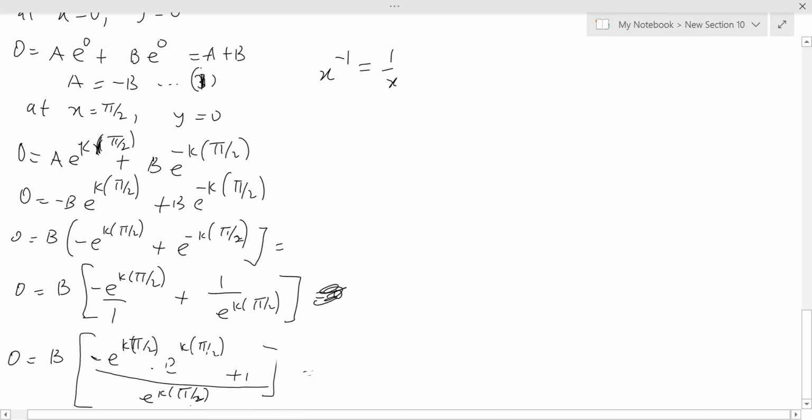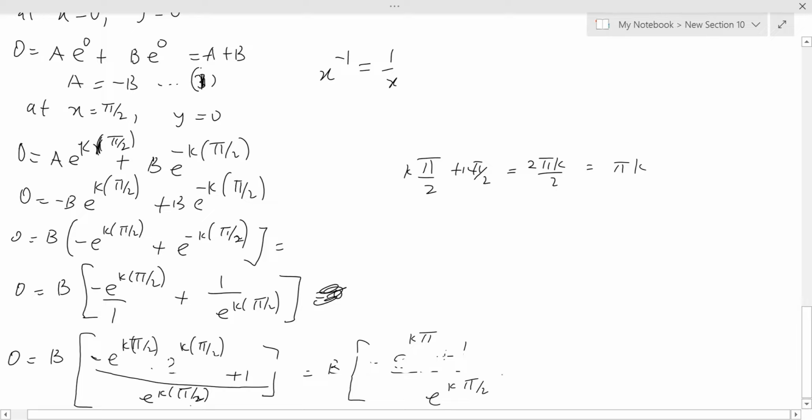So this will give you b into brackets. You can apply the law of indices here, so that will give you k pi, because you have k pi over 2 plus k pi over 2. Adding it up, you get 2k pi over 2, that is k pi, when 2 cancels 2. So this is plus 1 over exponential k pi over 2.